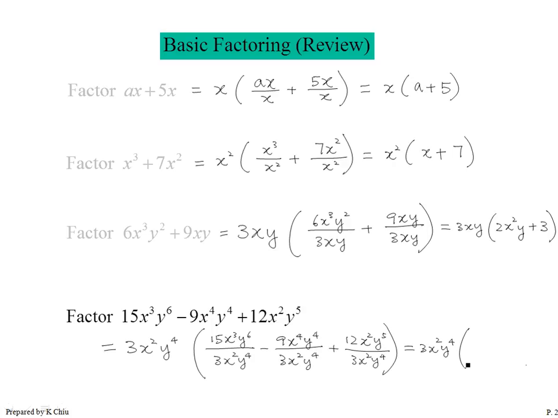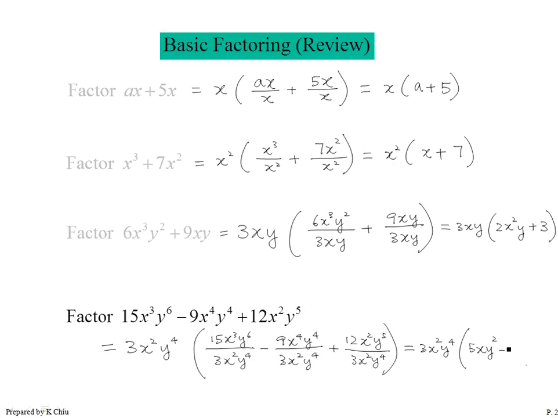Take a look at the first fraction. What would be the leftover? 3 go into 15. How many times? 5 times. X cubed divided by x squared. Y to the 6th divided by y to the 4th. Y squared.